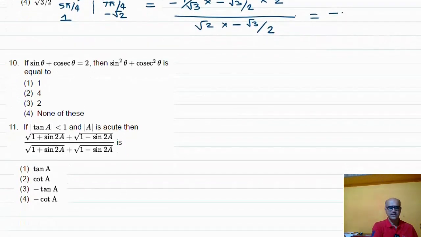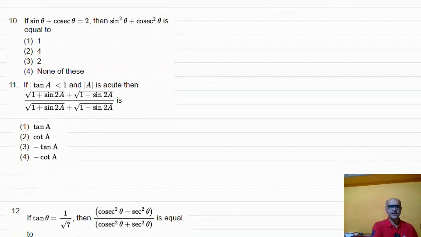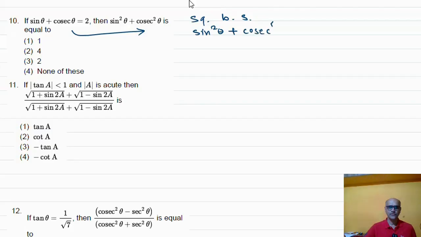10th one. If sin theta plus cosec theta is equal to 2, then sin square theta plus cosec square theta is what? Now you square this on both sides. So squaring both sides, the LHS will be sin square theta plus cosec square theta plus 2 sin theta into cosec theta is equal to 2 square, that is 4.